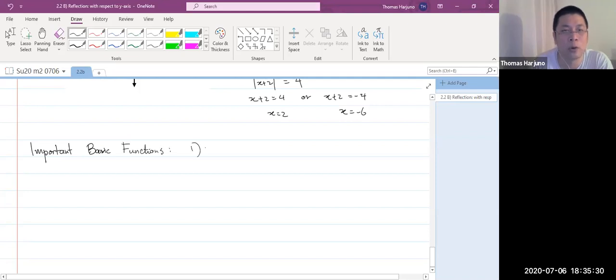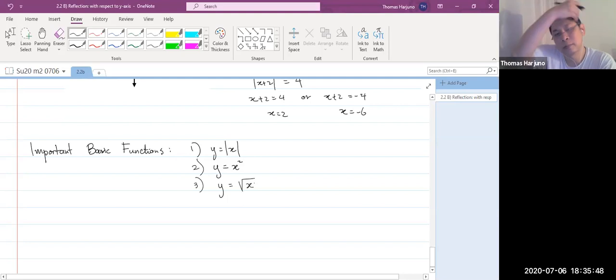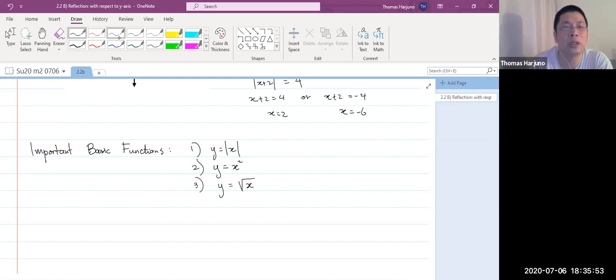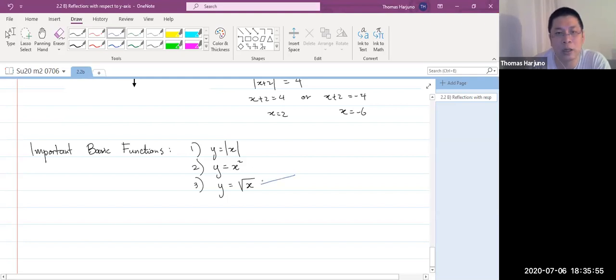The first one you already learned, y equals absolute value of x. The second one is y equals x squared. We have learned those two. Now, the third one is y equals square root of x. Now, you will see that for y to be a real number, x has to be non-negative.